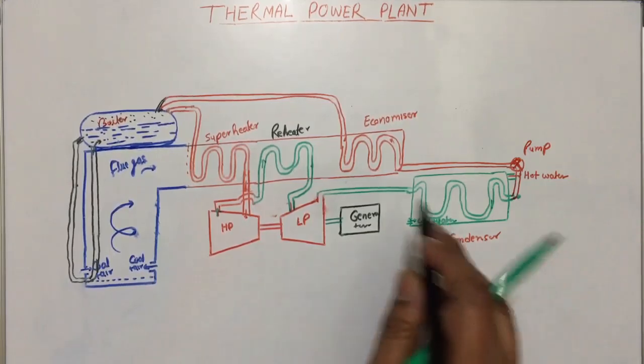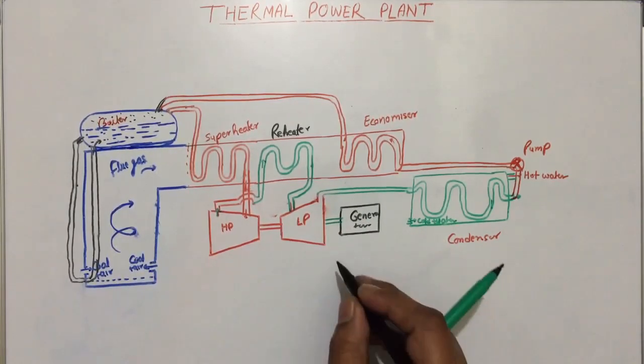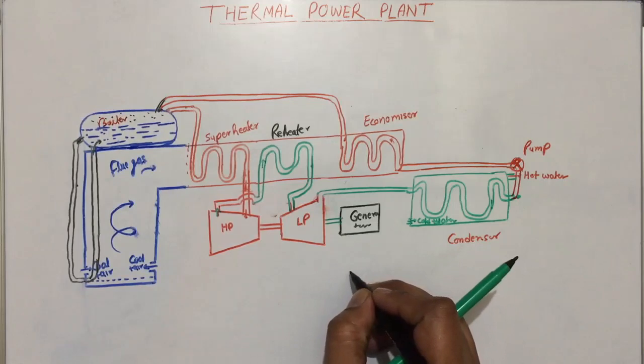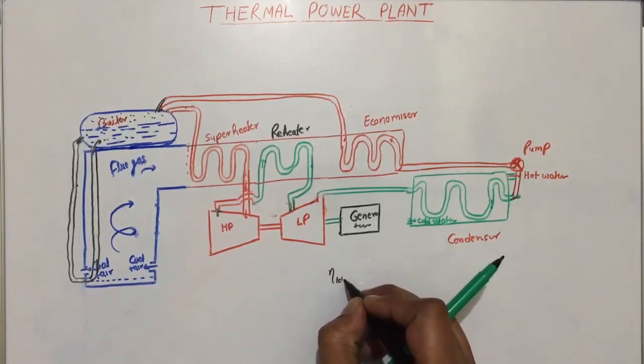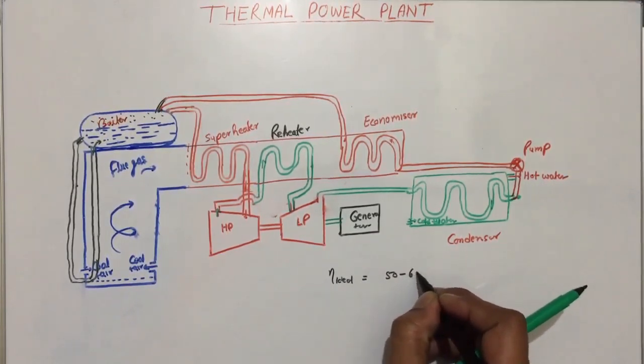Let us do some analysis in this case. If we read the literature, then we find ideally the thermodynamic efficiency of the system is, in the ideal case, around 50 to 60%.